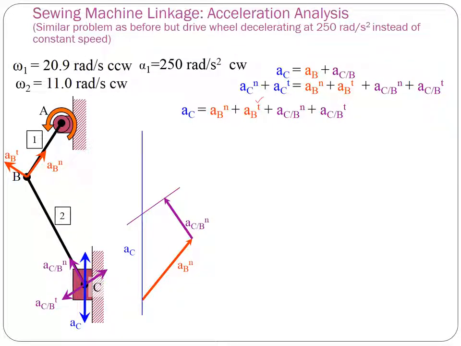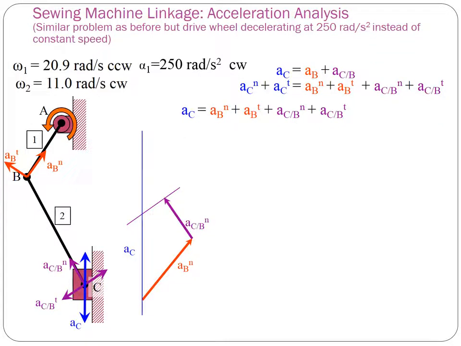So now we can draw this ABN and ABT. The direction is opposed to the direction of the rotation. This is the direction of the rotation. Of course, the meaning is that it's decelerating.